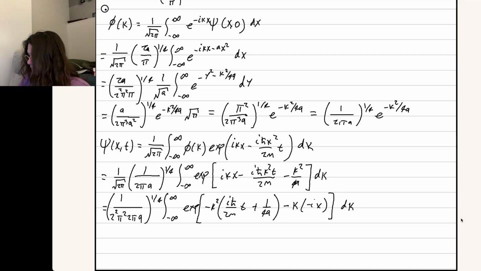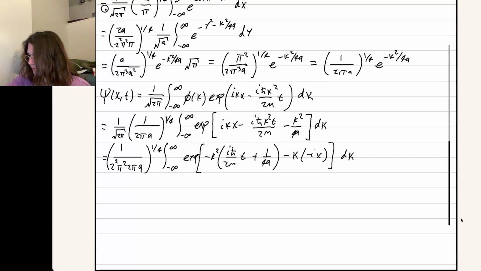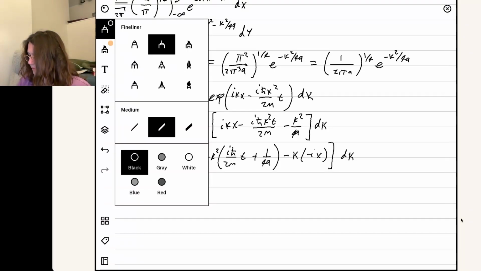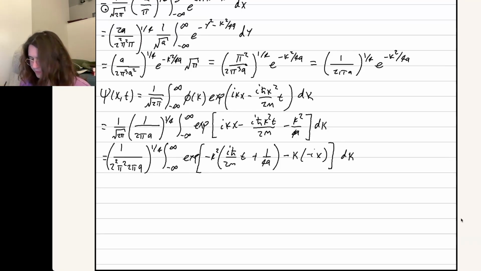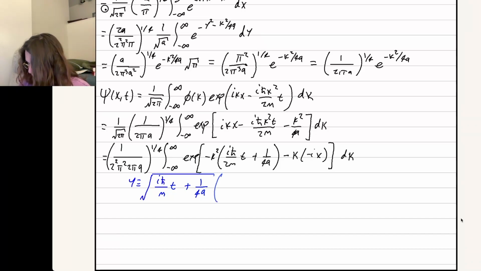So this is an integral of the same form that we just did, except now it's k rather than x. So we can make a similar transformation of variables, where now I'm going to define y as being the square root of i h bar over 2m t plus 1 over 4a times k minus ix over i h bar t over m plus 1 over 2a.